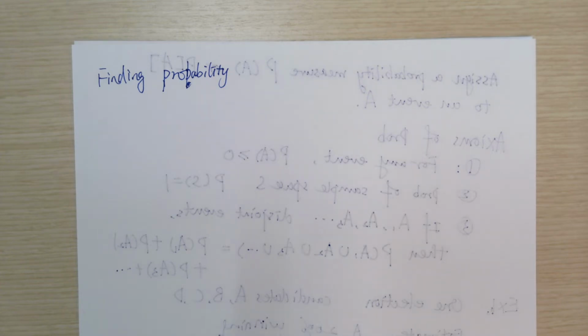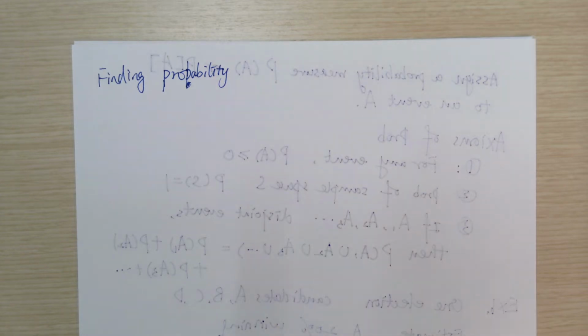First of all, we use some specific information that we already know about this random experiment, for example, if you toss a fair coin or throw a die. And second, we use the probability axioms.